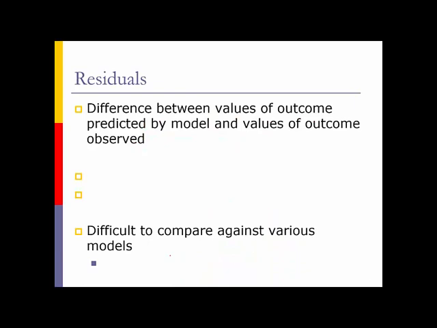Now those residuals, that's our error value, right? The difference between our outcome predicted and our outcome observed. We can either have small residuals or we can have large residuals. This is the error value. If we have small residuals, we probably have a good model.